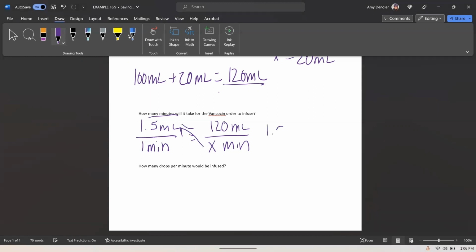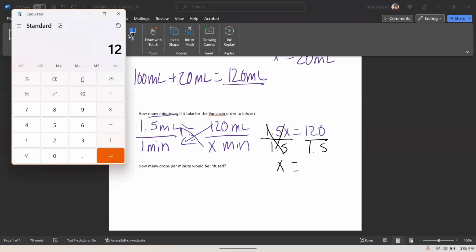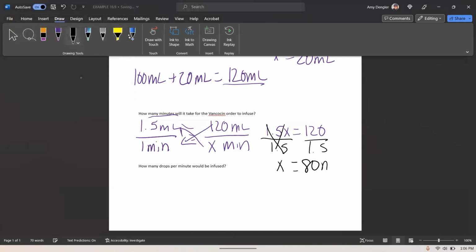So 1.5x is equal to 120 times 1, which is just 120. We want to get x alone. And so 120 divided by 1.5 is 80. So 80 minutes.